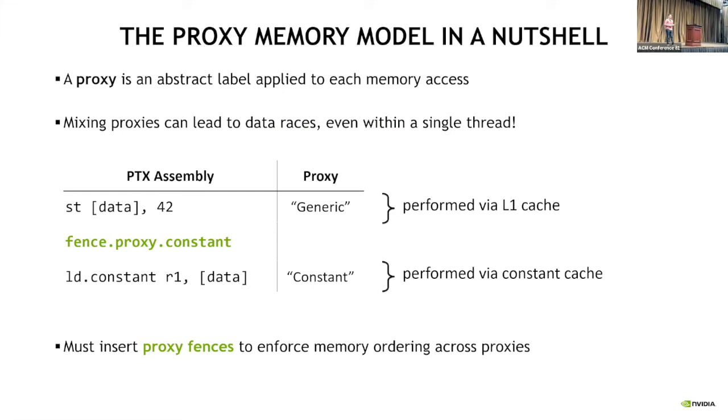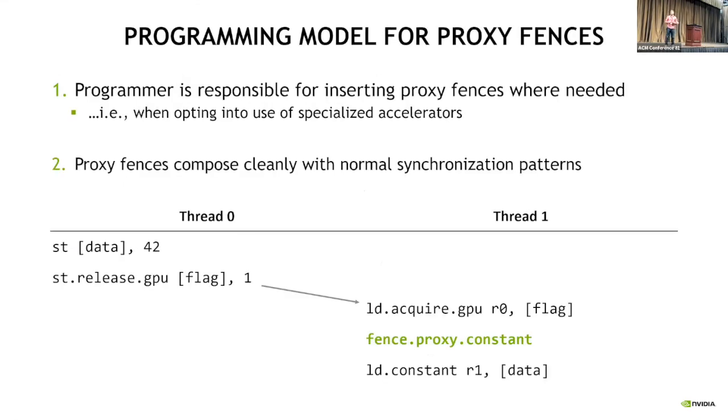This applies regardless of whether this is constant caches or the tensor memory accelerator or whatever other special feature we want to incorporate. And so we have a general purpose programming model here. The paper goes into a whole lot more detail than I'm getting into in this talk. But the general model in two bullets: the programmer is responsible for putting in these special proxy fences whenever they're using one of these special purpose features.